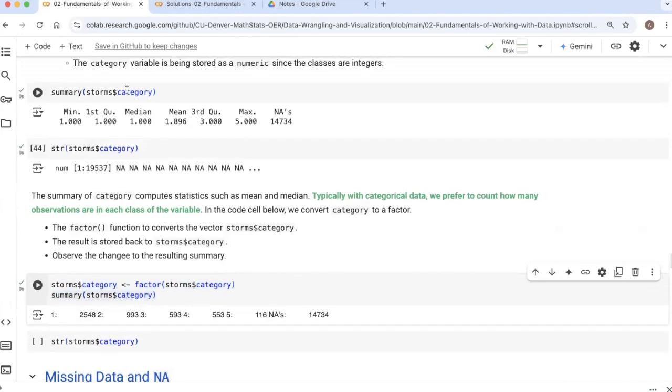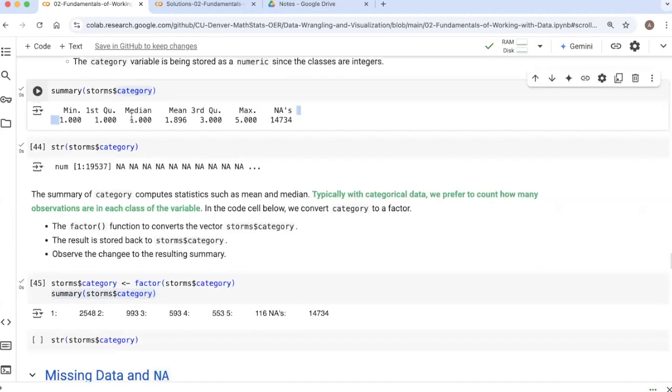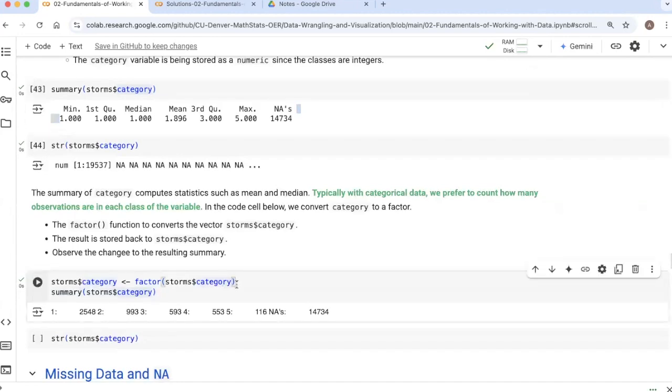So when the category variable was being stored as a decimal, the output was like this numeric summary of means and medians and first quantiles and third quantiles. When I convert this to a factor, and now I'm thinking about category as a categorical variable, the summary output is now counting up, out of all of the storms in the storms data frame.